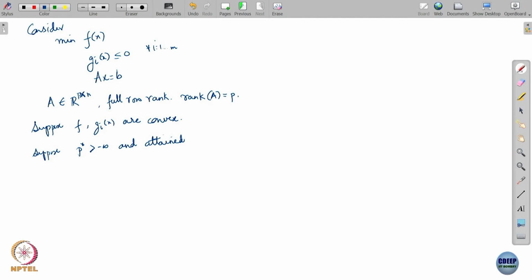that is feasible. Now, first little observation that is quite easy to make, and I will leave that as a claim, it is very easy to prove, is that if f, g_i, i going from 1 to m, if these are convex, then the set G is convex.